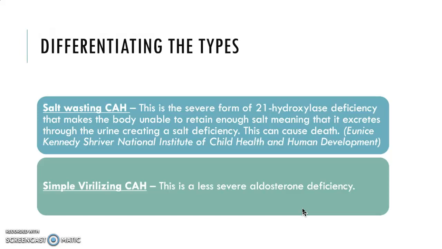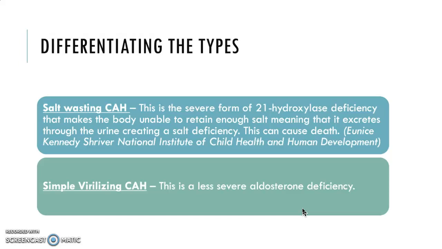Salt is a normal electrolyte that we keep in our body, but because of the deficiency in this enzyme, it's being excreted through our urine, which is causing a deficiency in the electrolyte sodium. It's happening at a very fast rate, which can send our body into shock and can eventually even cause death. So that is a very severe form of congenital adrenal hyperplasia.